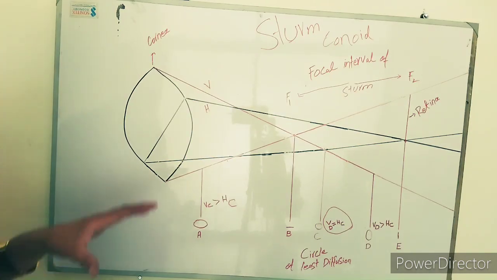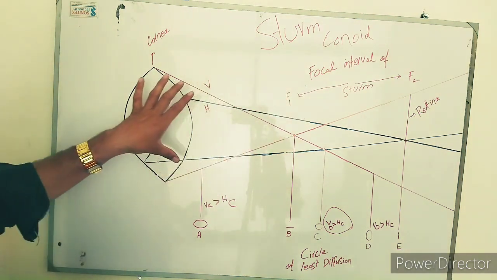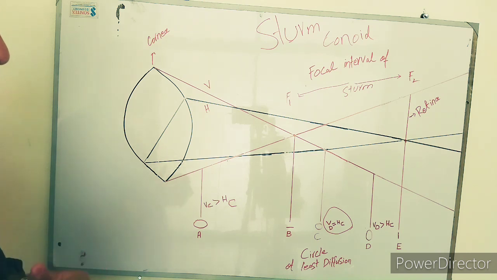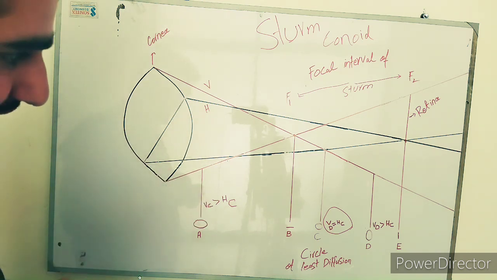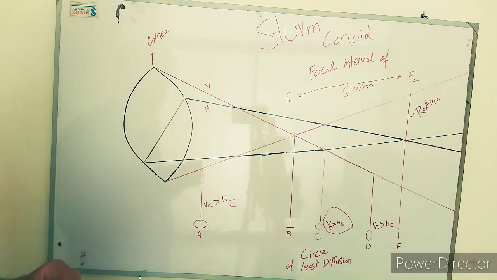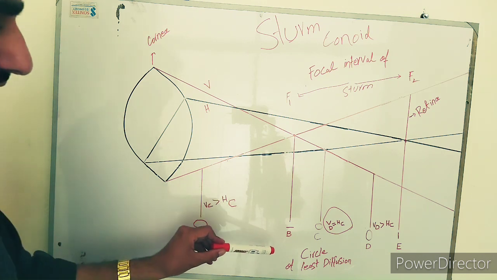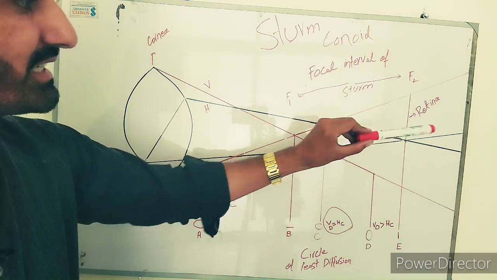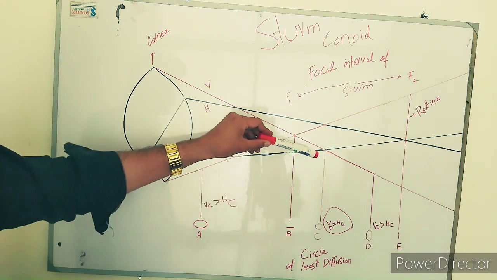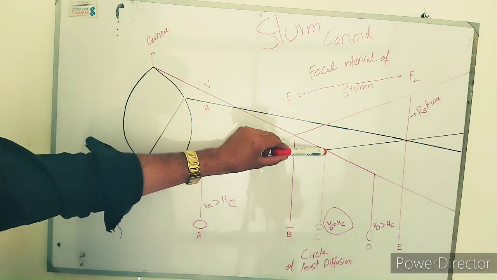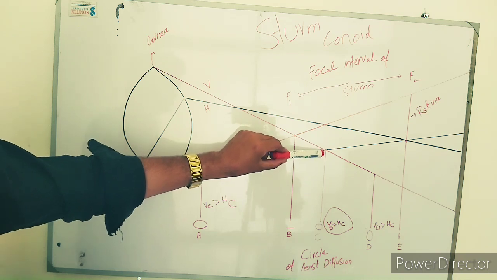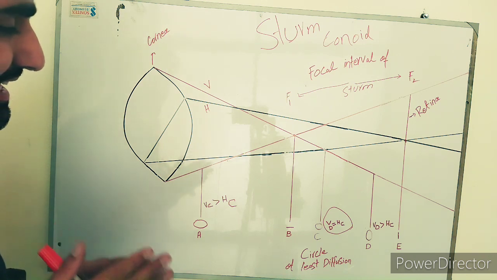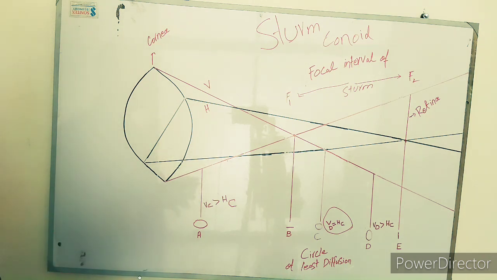If we suppose this is an astigmatic patient, you know very well the image is clear when rays focus at the retina. So our circle of least confusion must always be at the retina, but here our circle of least diffusion is in front of the retina. In astigmatic cases, we provide cylindrical glasses to the patient.